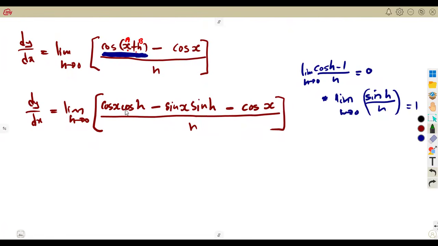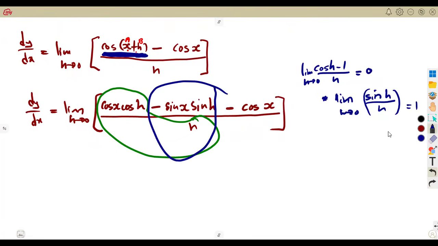But if you do that, you're going to notice that h is going to be separated with each term. So there are 3 terms there in the numerator. If you check the first part, cos h, we're going to have cos h over h, of which you do not have that here.